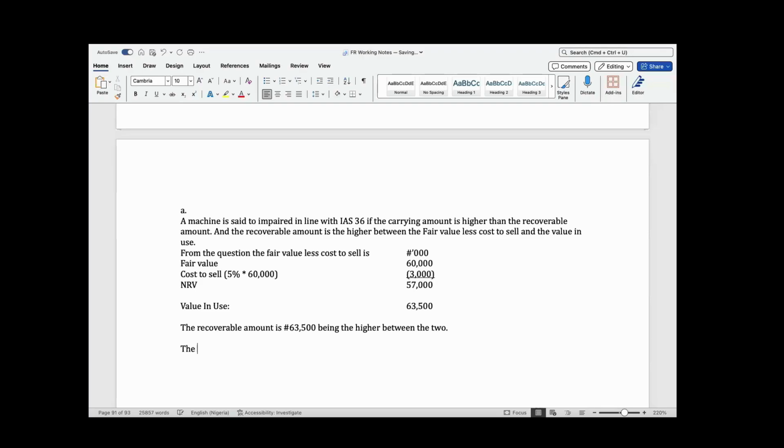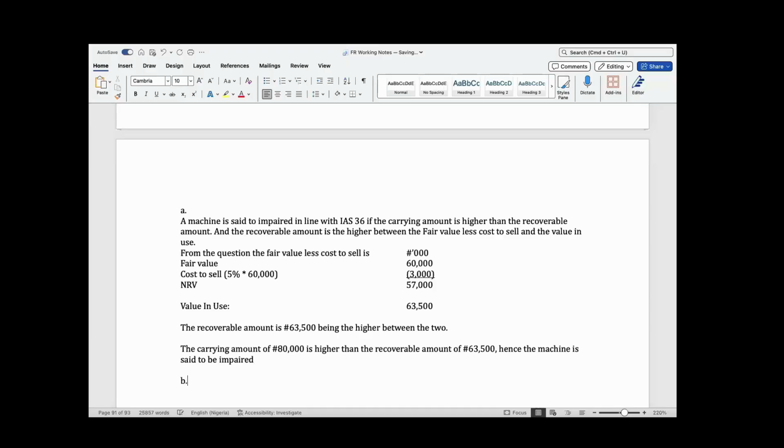So the carrying amount of 80,000 is higher than the recoverable amount of 63,500, hence the machine is said to be impaired.